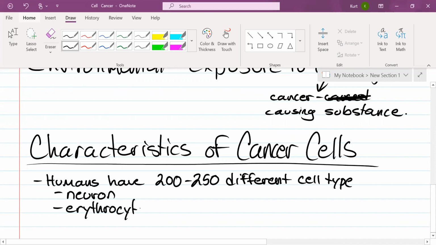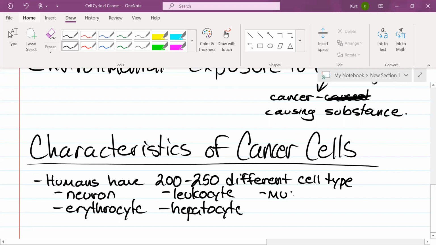Erythro means red. You guys have had that term before. Leukocyte is a white blood cell. Hepatocyte, do you remember what hepa means? Like hepatitis? What organ? Liver, good. We have muscle fibers, which are our muscle cells. And we have melanocytes, just to name a few.